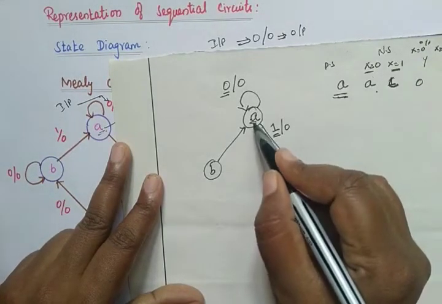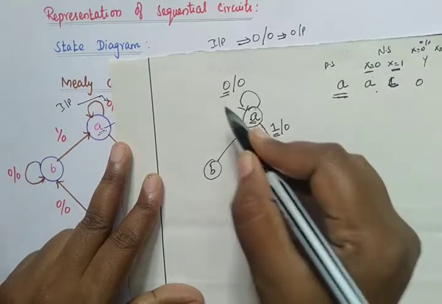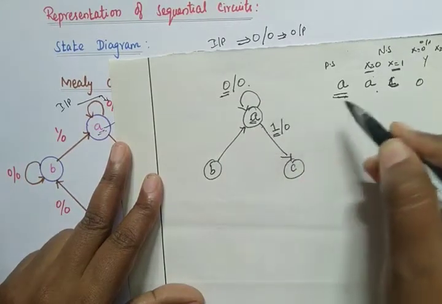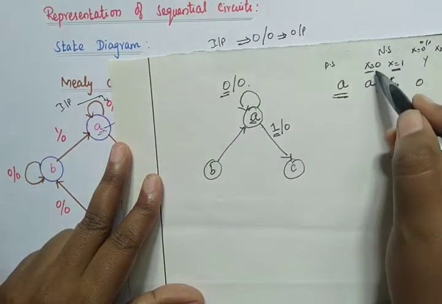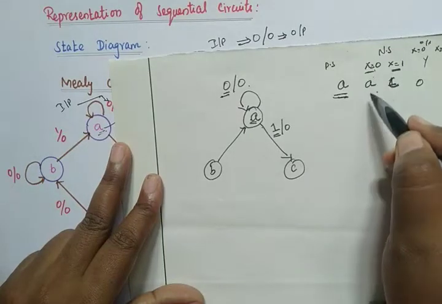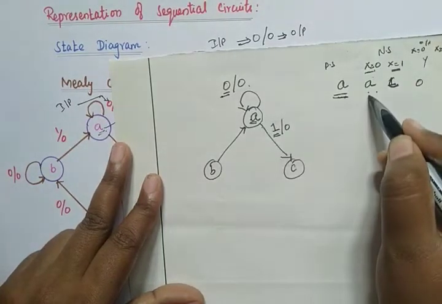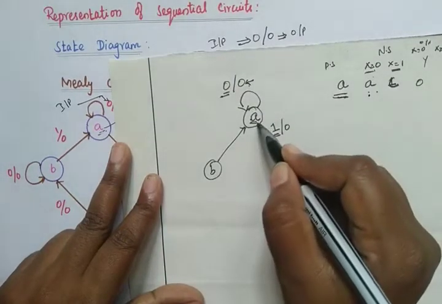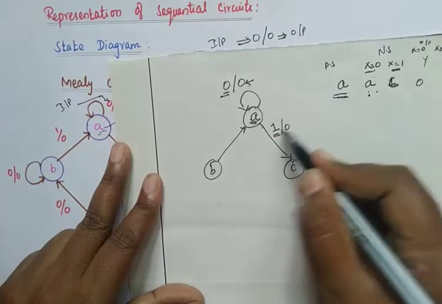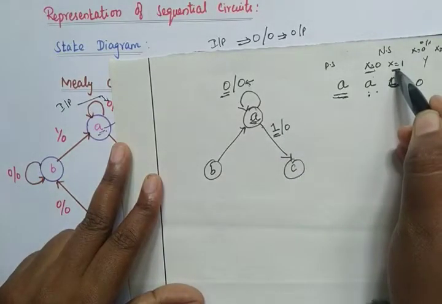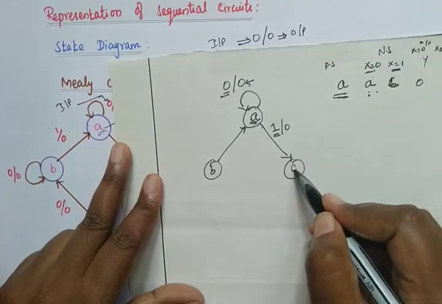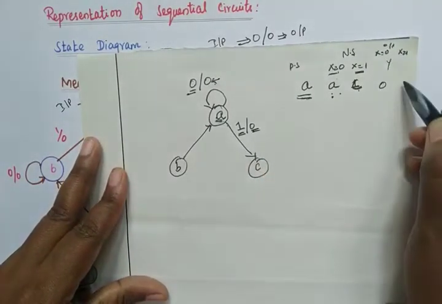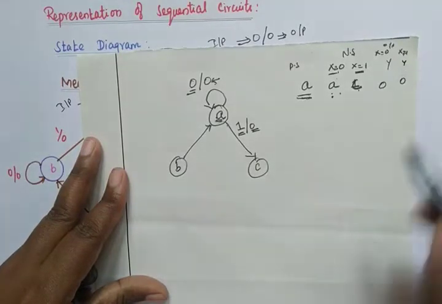So for example, present state A, for input 0, the output will be 0 and it remains in the same state A. Then consider the same present state A: if our input is 1, then the next state will be C, and the output is 0 for x equal to 1.